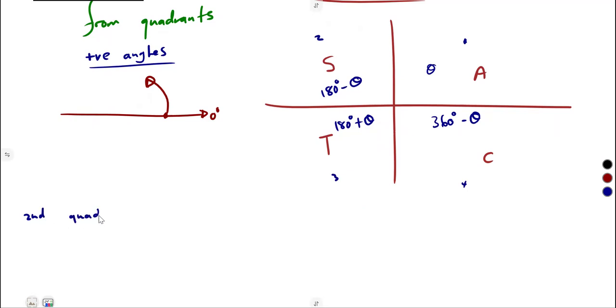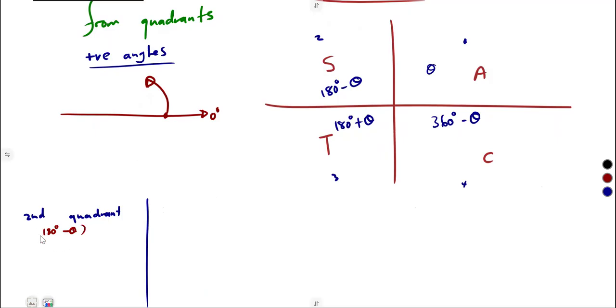As for the positive angles, the second quadrant is the one of what? 180 degrees minus theta. This is the quadrant of 180 degrees minus theta as of the positive angles.